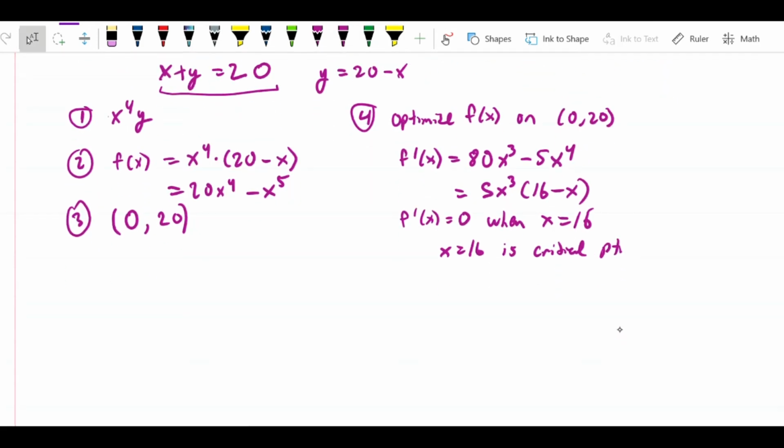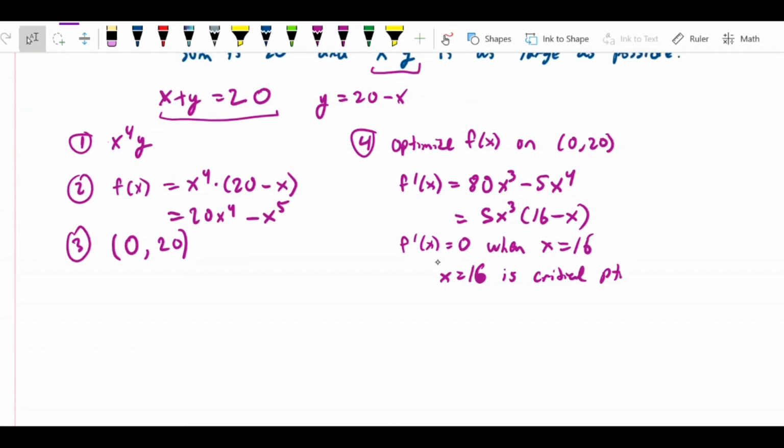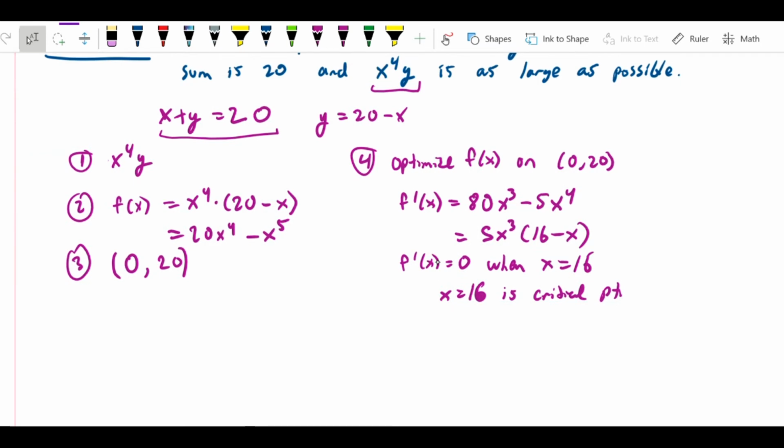Now, we know that if there is a local min or max, it has to occur at x equals 16 because that's the only critical point we found. So let's verify that we've in fact found a max. Let me point out the two different ways you can do it.